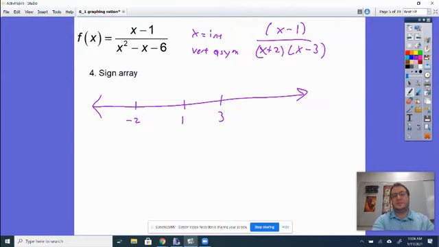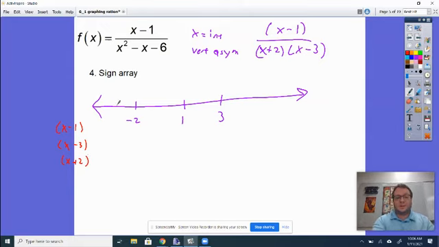If I'm in this area, these are the three things that really matter.